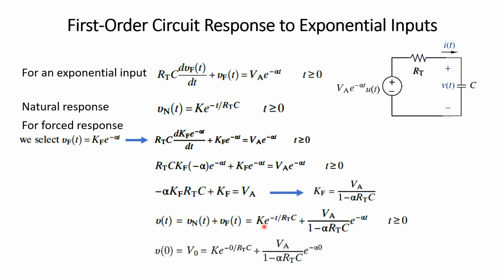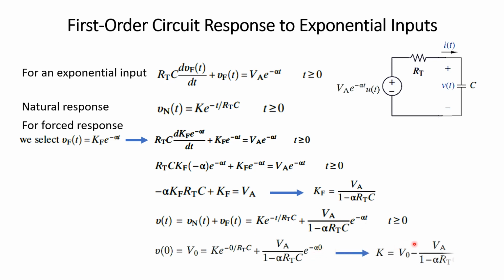For initial conditions, we substitute t equal to 0 in this equation. If we substitute t equal to 0, only k remains from here, and t equal to 0 over here.